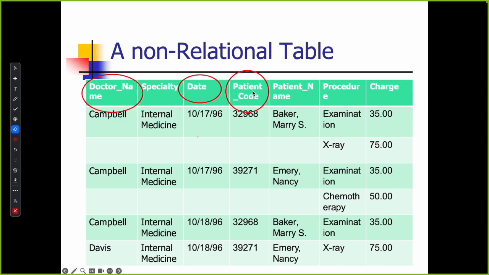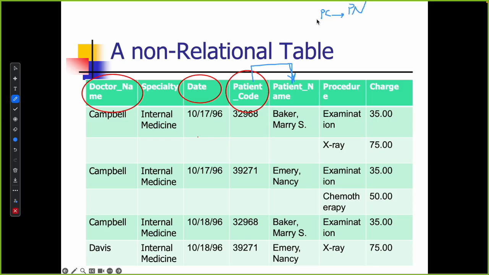So let's say these 3 columns are your primary key. What are the dependencies? Patient name depends on patient code. Exactly. So this is one dependency. So patient code can uniquely identify patient name.